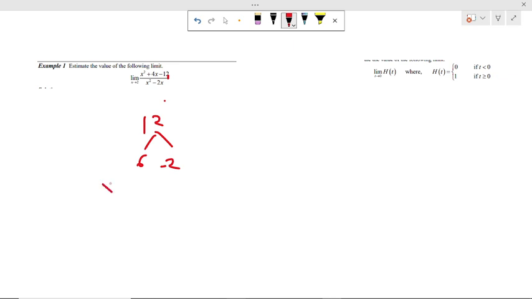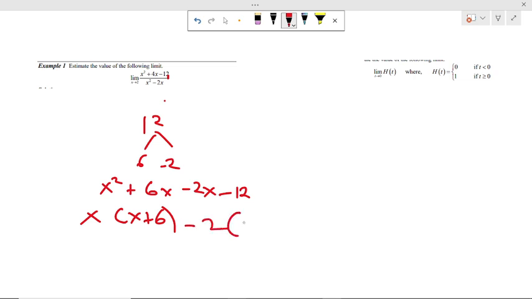So we get x squared plus 6x minus 2x. I'm taking you through this, right? I want you guys to understand. Then we get x open bracket x plus 6, minus 2 open bracket x plus 6.